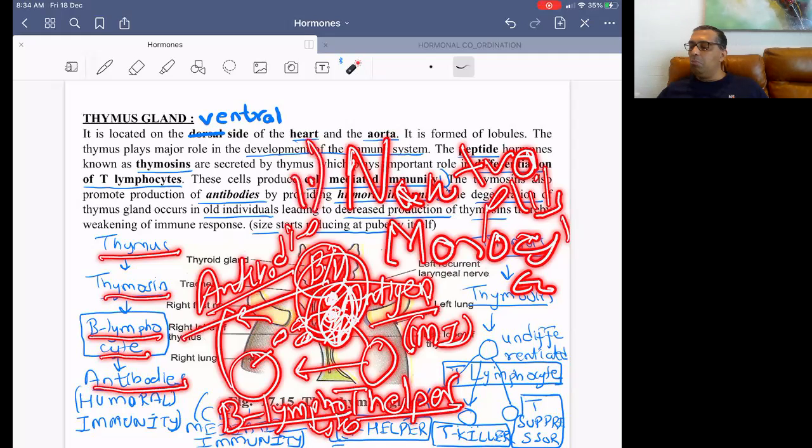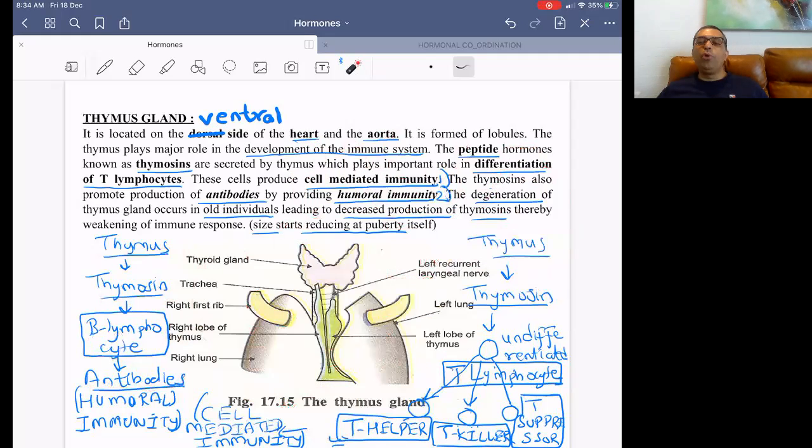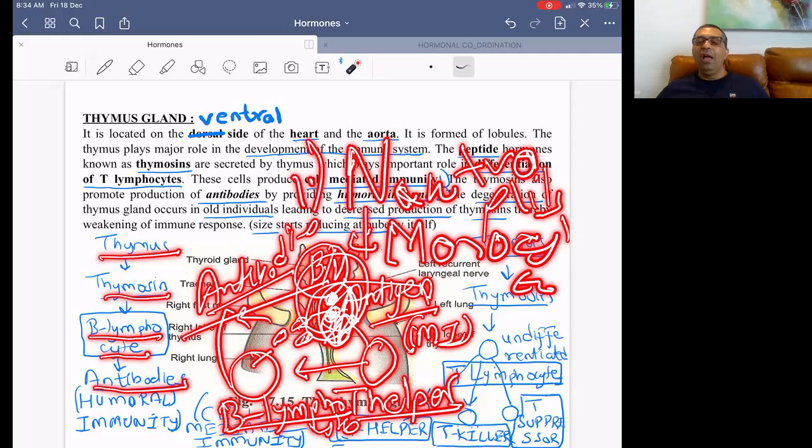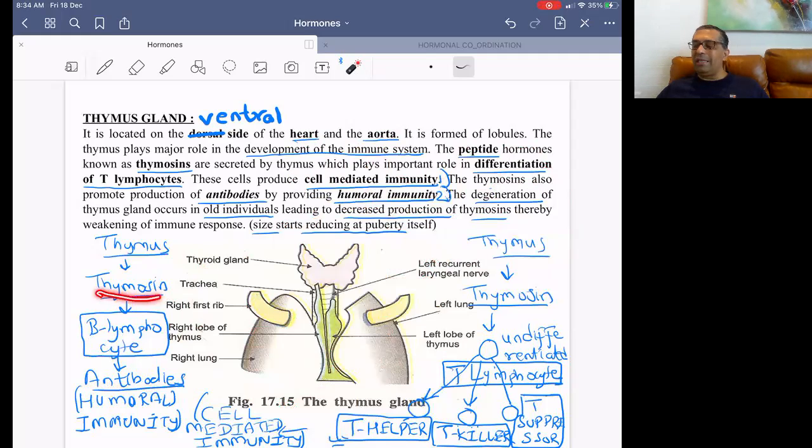Neutrophils and monocytes. So beautiful immunity we have, and this is done with the help of the great hormone called thymosin.